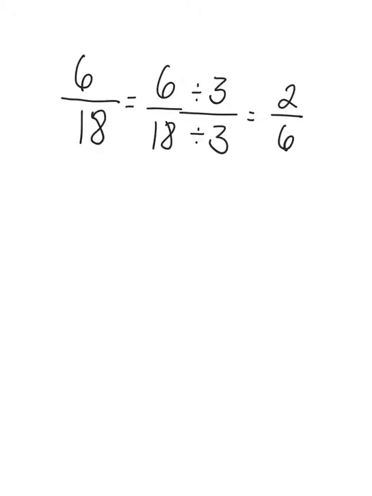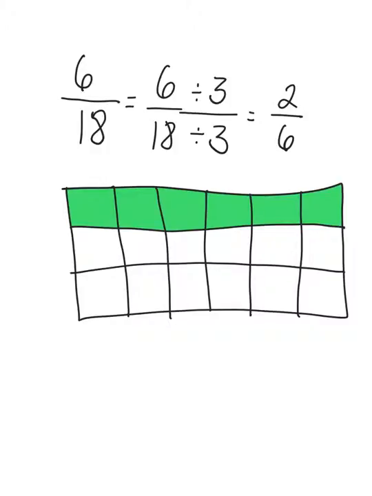In our next problem, we have 6/18. We divide the top and the bottom by 3 to get 2/6. Now we want to represent this using an area model. Now that we showed the area model that demonstrates 6/18, we have to show how it would look as 2/6. So now let's group this up and show right here.